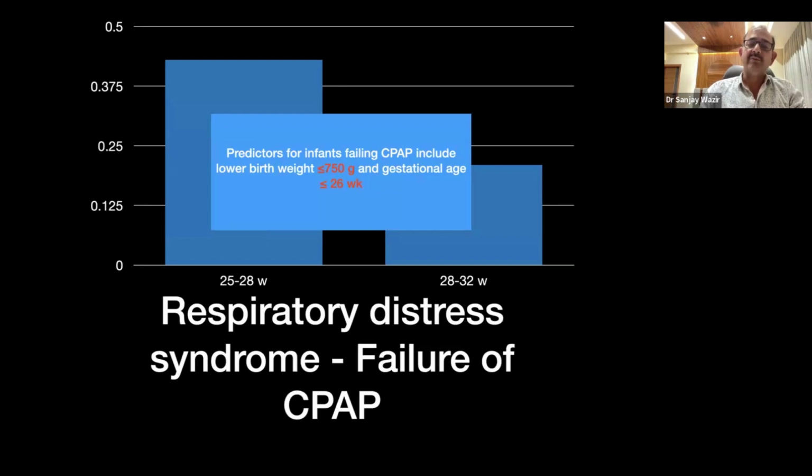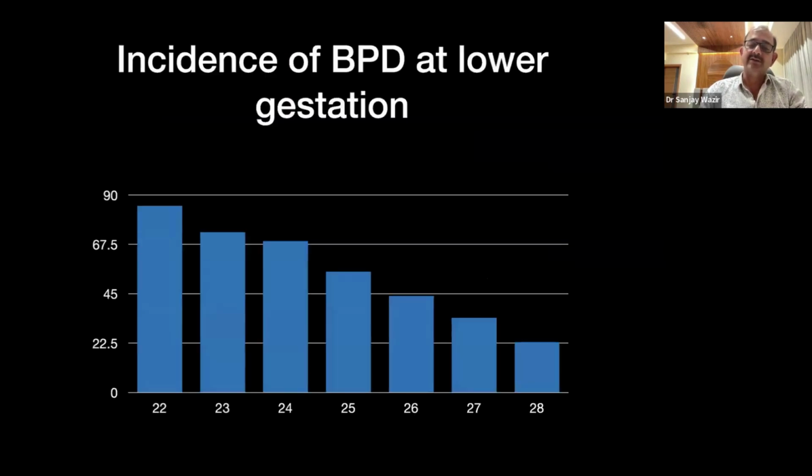So we tend to put them on CPAP, and that should be our first strategy. But we know that those who are less than 750 grams, less than 26 weeks, are more likely to fail CPAP. Although it doesn't mean that we should not try, the prediction is that you would probably end up intubating these babies sooner or later.